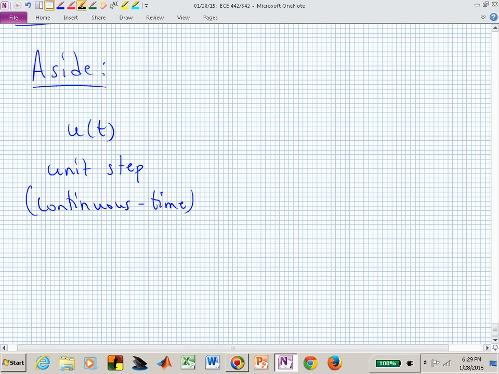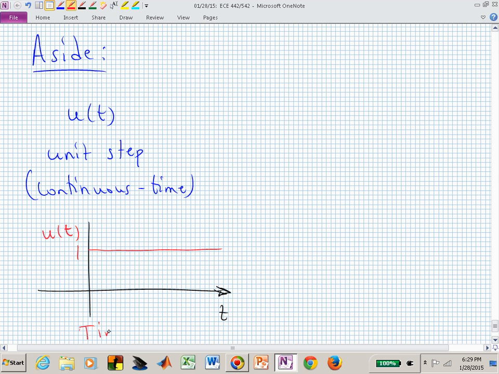So this is sort of going back to 320. In terms of a waveform, there's u of t in the time domain. What's the Laplace transform of that unit step waveform?